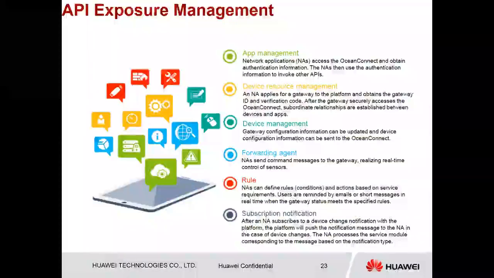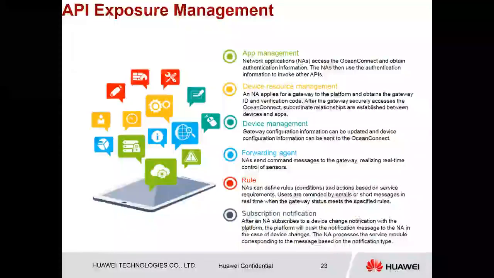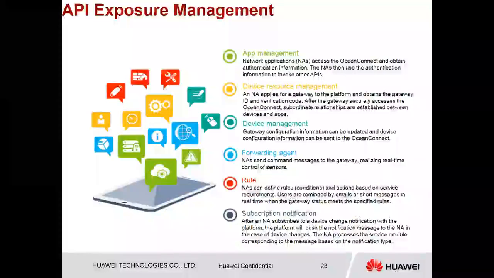That's the subscription notification. This means that for every event that the device generates, our IoT platform supports generating alarms and notifications to our services, so the service server can monitor all the actions of the device.